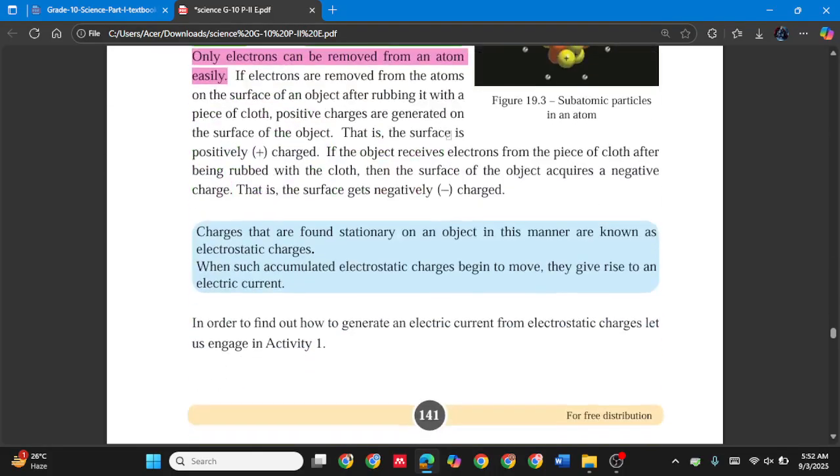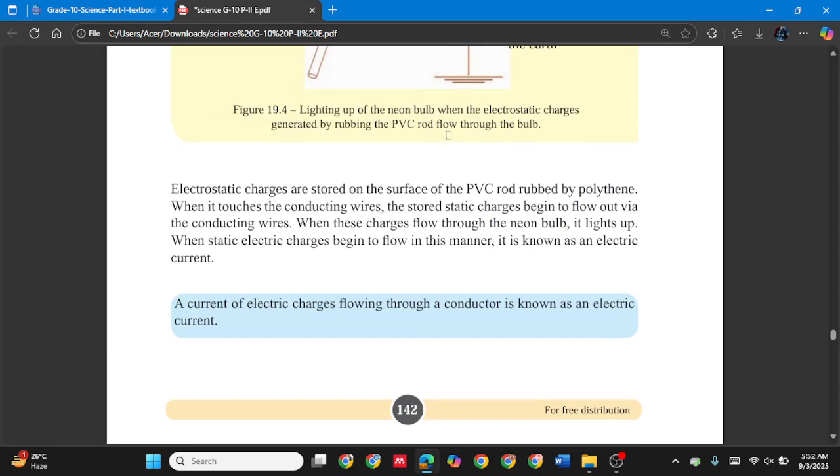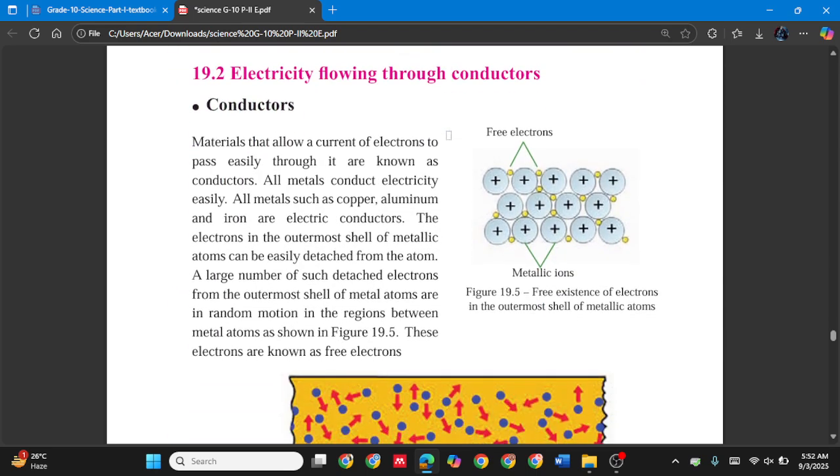So I need to do this in a very simple way before we come to these conductors. I'm going to stop here and we'll discuss the other part later.